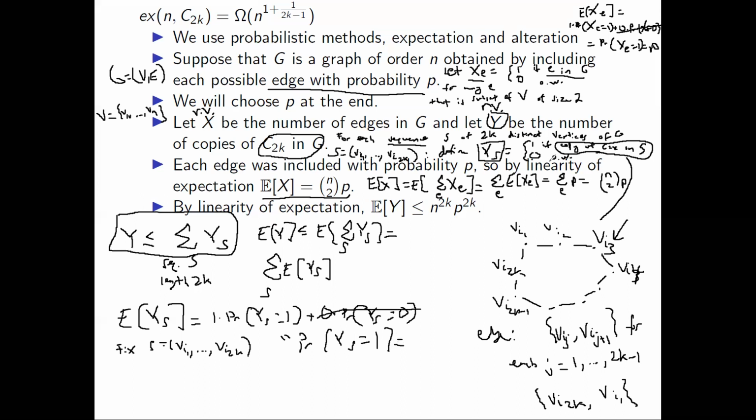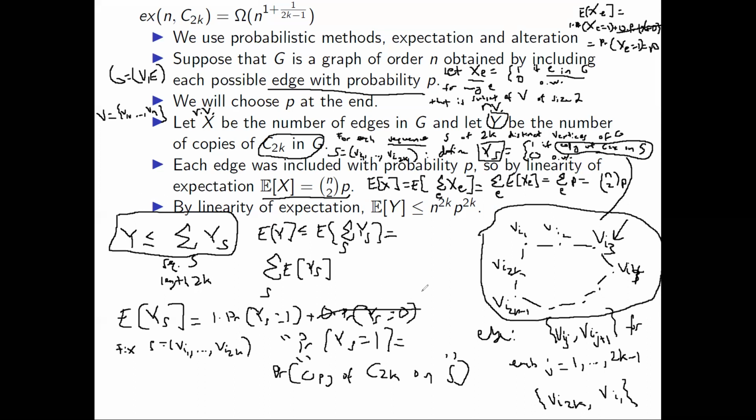So that's the probability that there's a copy of C_{2k} on S. And I put this in quotations because I mean this specific copy. It has to be on S in the order of the sequence on S.